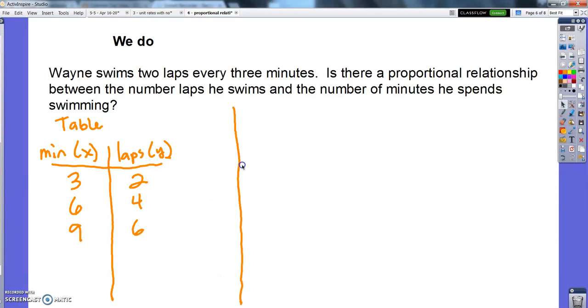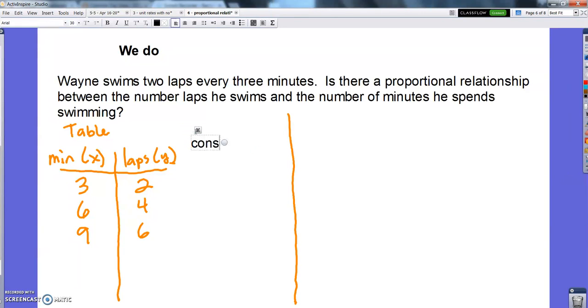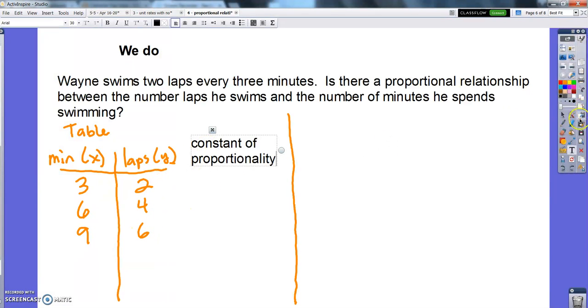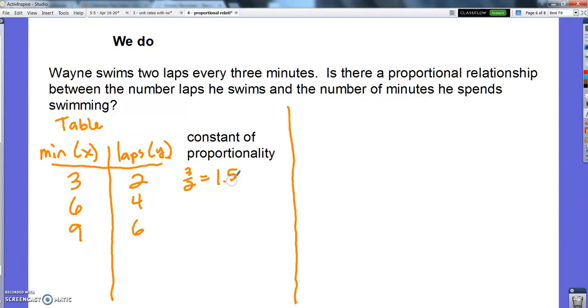And so what I want to do is look into that constant of proportionality. Fancy word for is there a constant ratio no matter how many laps he's swimming here. So this has a ratio of 3 to 2, which is 1.5.